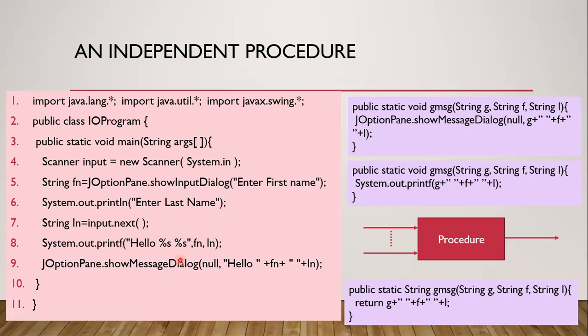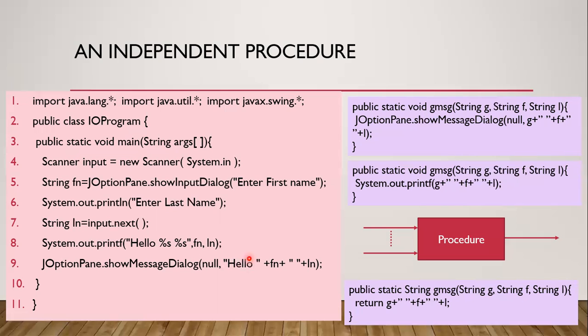Here in this line and in this line, we are doing processing. In this processing, we are actually making a greeting message to the person with the first name and the last name. The same thing is happening here.